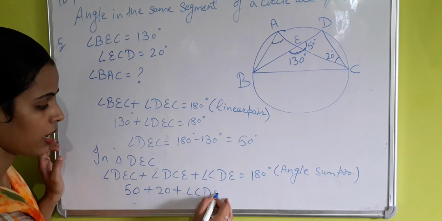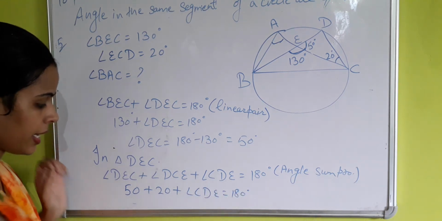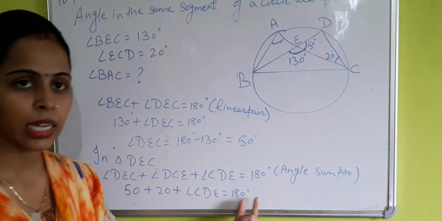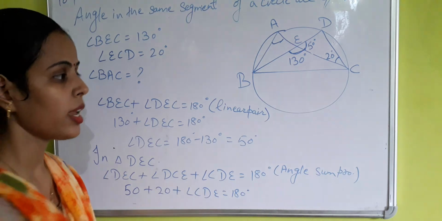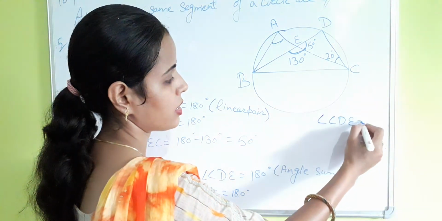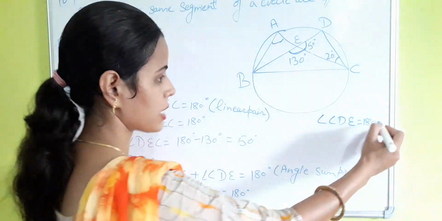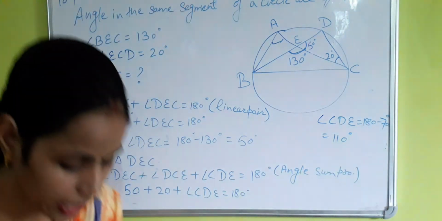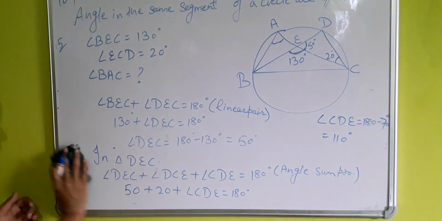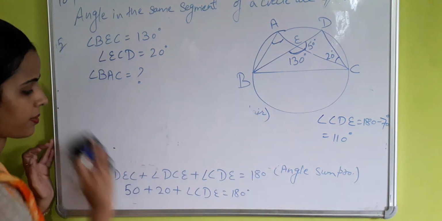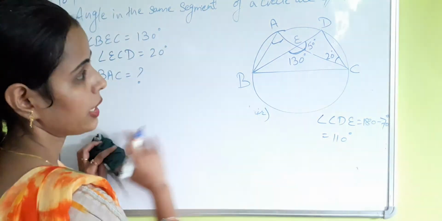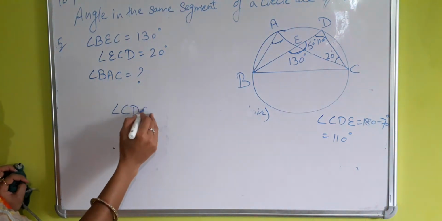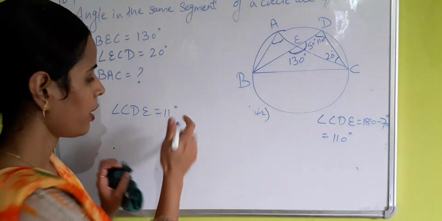Then CDE plus 50 plus 20, which is 70, is equal to 180. 70 goes on this side. Then angle CDE is equal to 180 minus 70, which equals 110 degrees. This angle CDE equals 110 degrees.